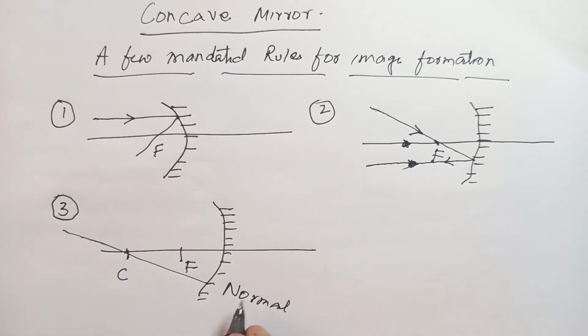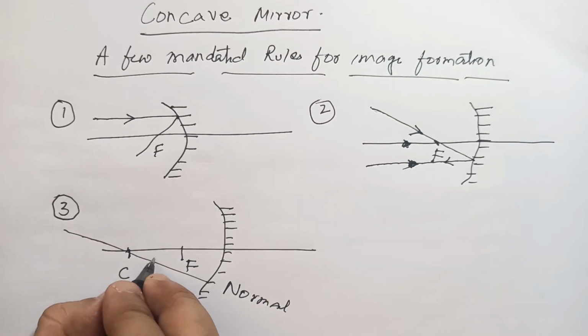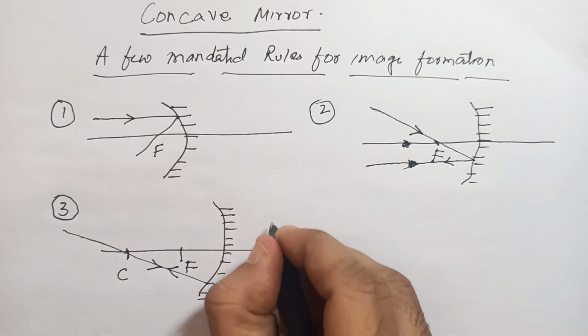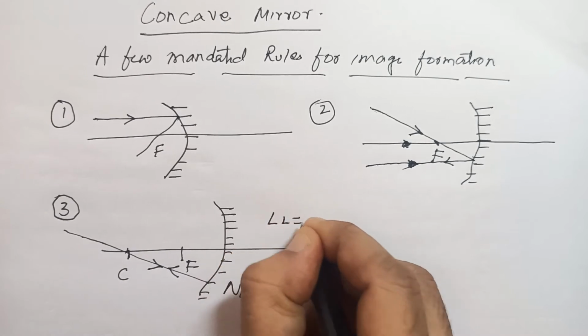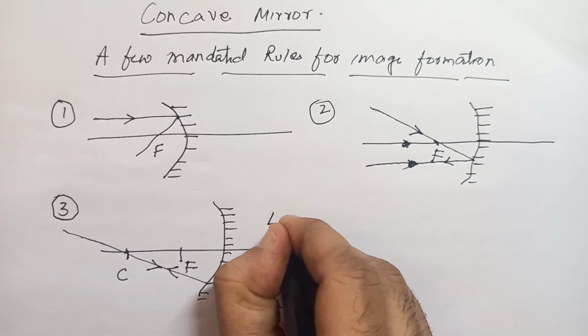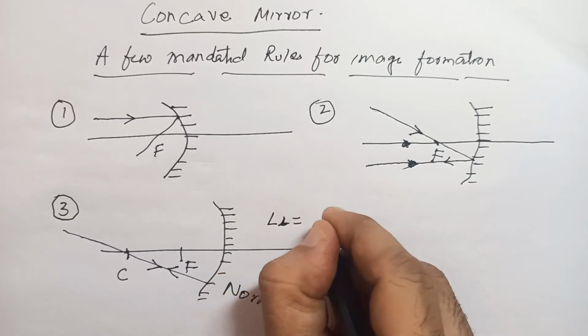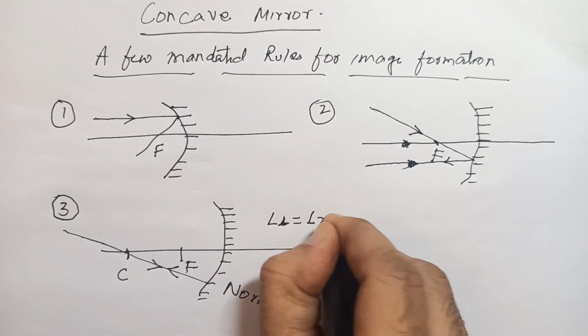So what will happen is, if the ray of light comes this way, it will go back this way. Basically, in this case, the angle of incidence and angle of reflection is equal to 0.